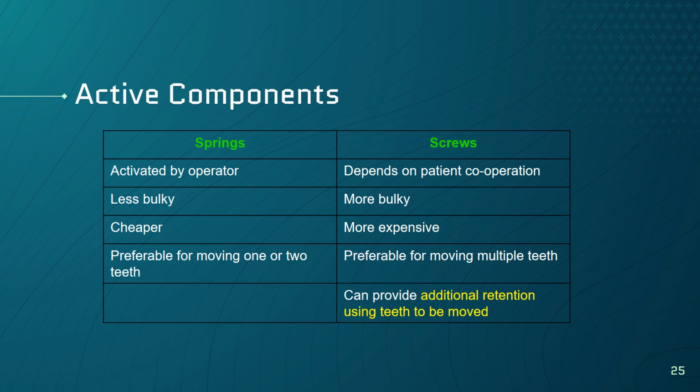Springs are less bulky, whereas screws are more bulky, and springs are cheaper in cost, whereas screws are more expensive. Springs are preferable for moving one or two teeth, but if we are moving multiple teeth, then screws are preferable. Another advantage of a screw is it can provide additional retention using the teeth to be moved.